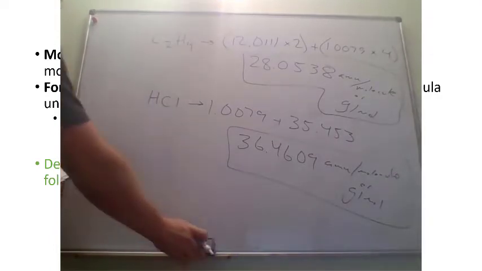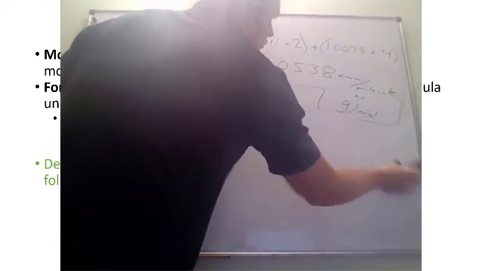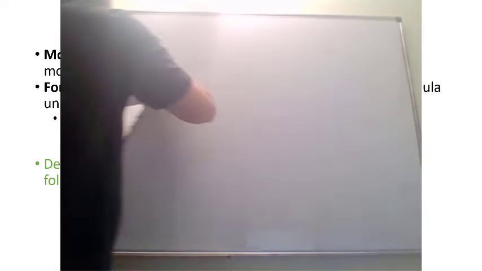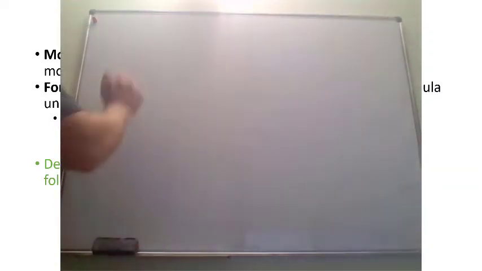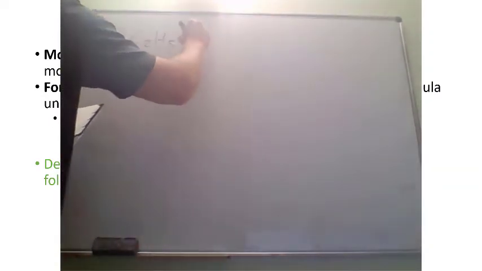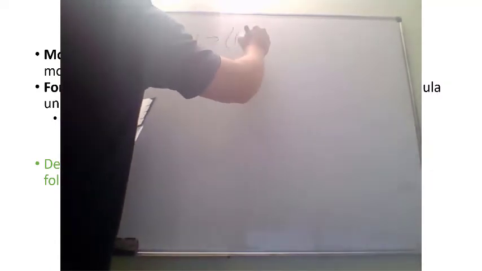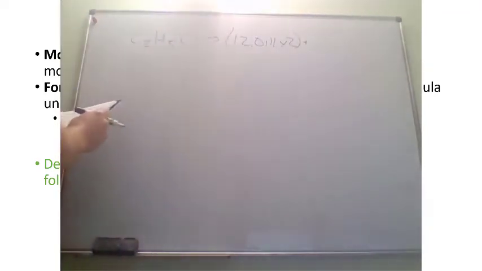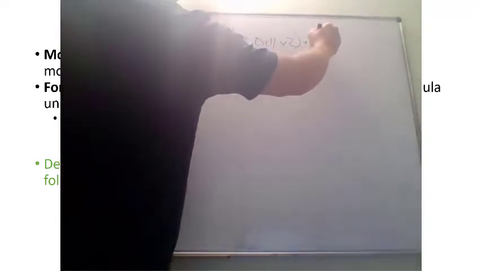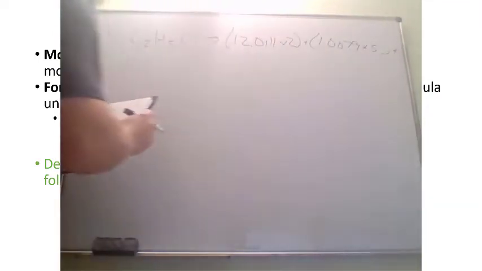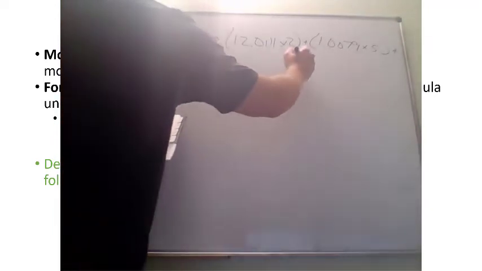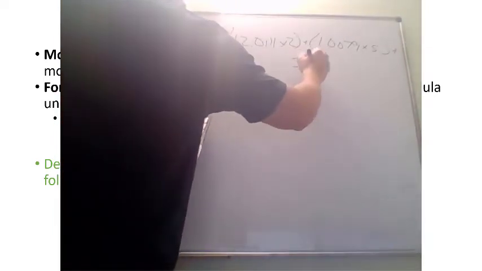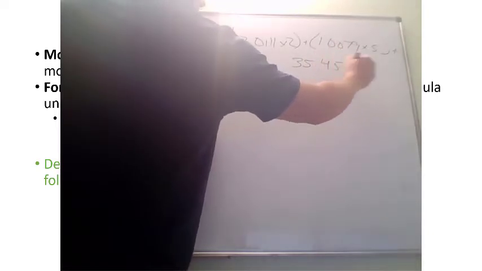Okay, and finally, for C2H5Cl, we are going to have the atomic weight for carbon, which is 12.0111 times 2, plus the atomic weight for hydrogen, 1.0079 times 5, plus the atomic weight for chlorine, which is 35.453.